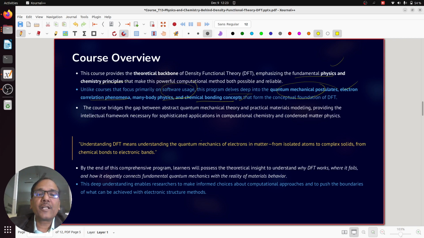Understanding DFT means understanding the quantum mechanics of electrons in matter, from isolated atoms to complex solids, from chemical bonds to electronic bands. By the end of this program, learners will possess the theoretical insight to understand why DFT works.